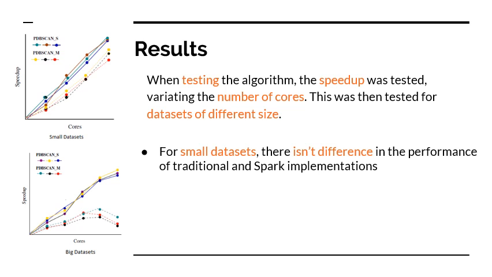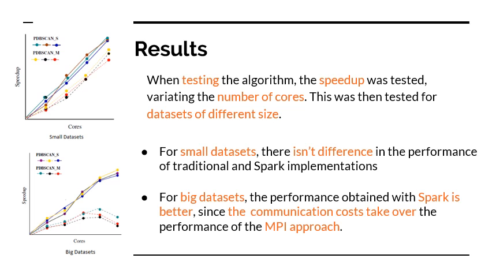However, even in this case, the Spark implementation achieves better performance. For big datasets, the performance of Spark is significantly better than the MPI approach. In the MPI, the communication costs between master and slaves become dominant, leading to a smaller speedup when increasing the number of available cores.